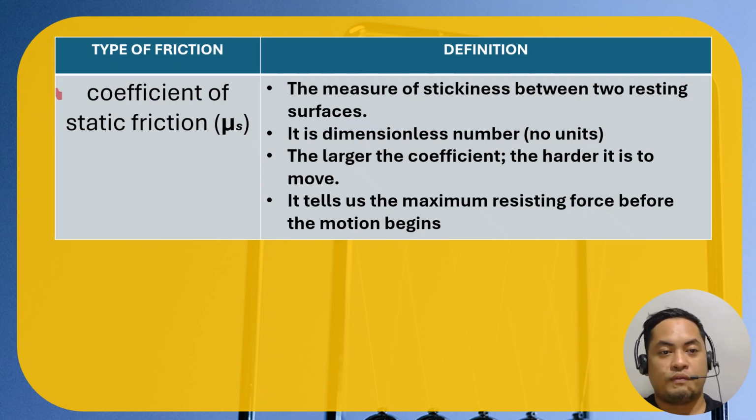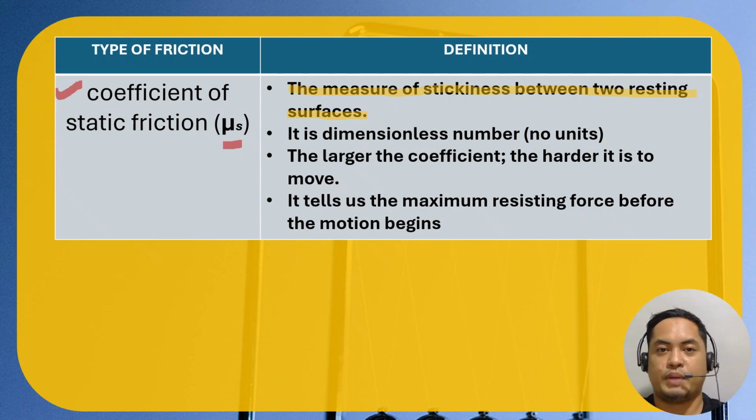Let's talk about the coefficient of static friction. This is the symbol. A good definition of a coefficient of friction is that it is the measure of stickiness between two surfaces. The magnitude of the coefficient of static friction varies.